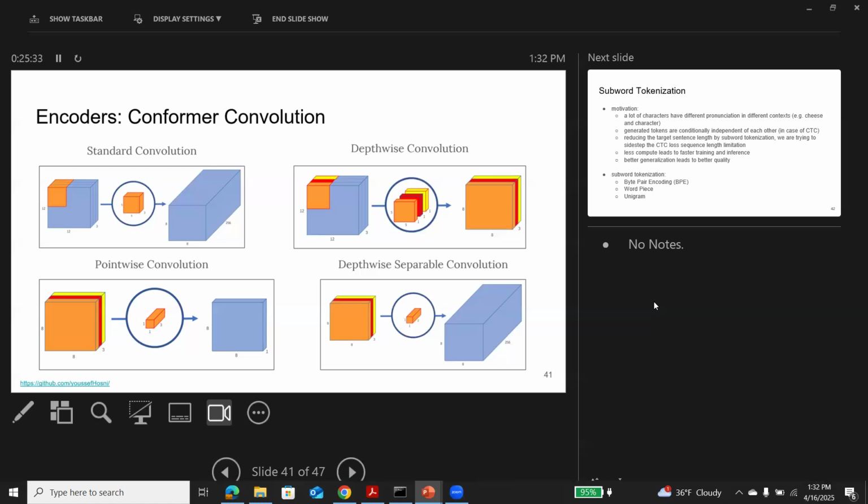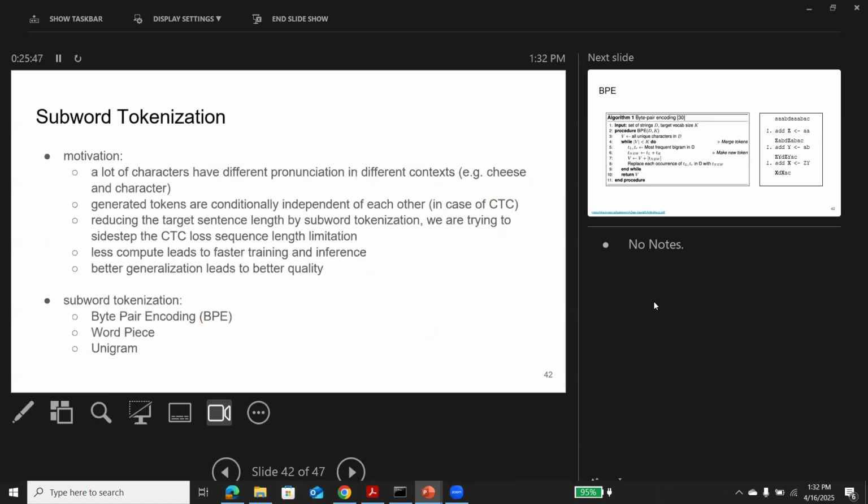Of course, they're not equivalent, these transforms, but in practice, depth-wise convolution actually performs better than full convolution. It came from images, but people also used this in audio processing. As I mentioned, we can also use a BPE tokenizer.